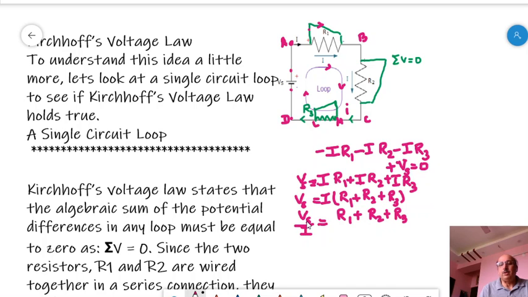Voltage upon current is resistance from Ohm's law, and this resistance is the equivalent resistance of the circuit. In this circuit the resistances R1, R2, R3 are used in series, so the equivalent resistance Rs in series is equal to R1 plus R2 plus R3.